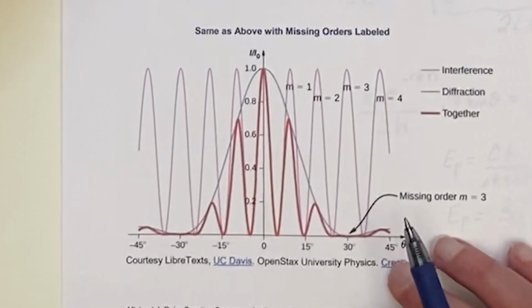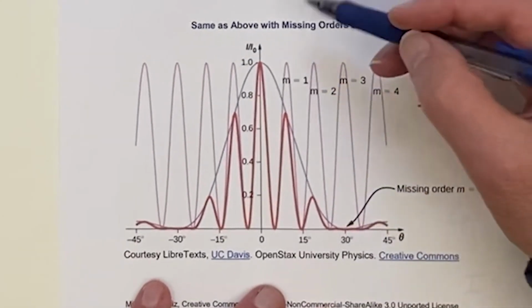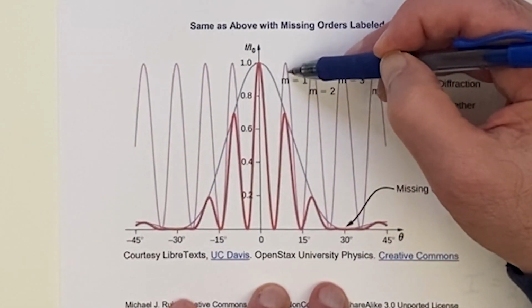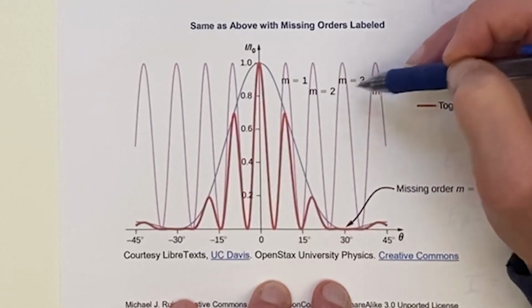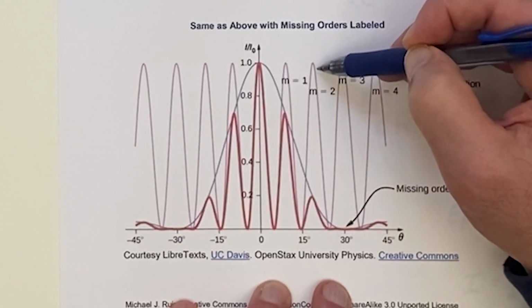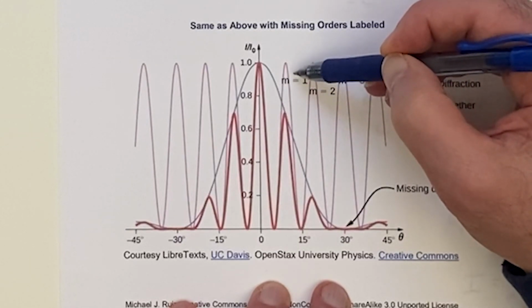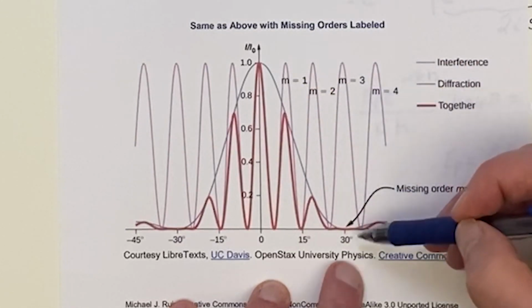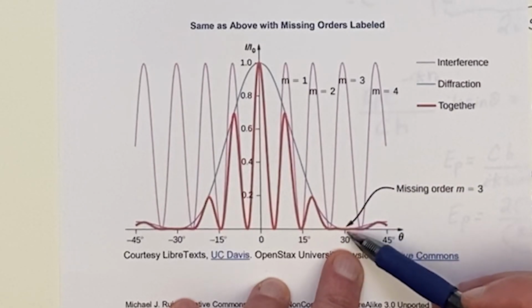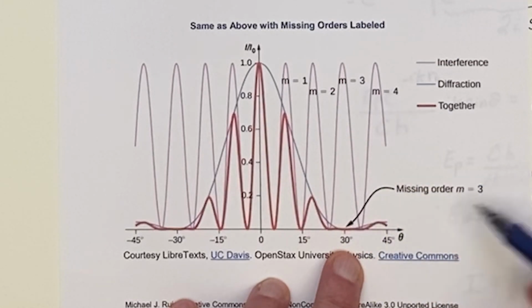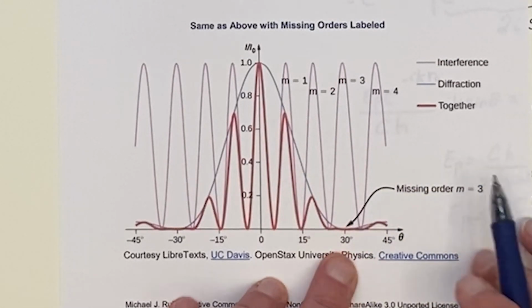So here's a diagram labeled. This is a nice diagram here labeled. M equals 1, M equals 2, M equals 3, M equals 4. These are your max that you would have just due to the cosine alpha. And then because of the product and the sinc squared function killing some off, we call those missing orders, that we miss the third order.